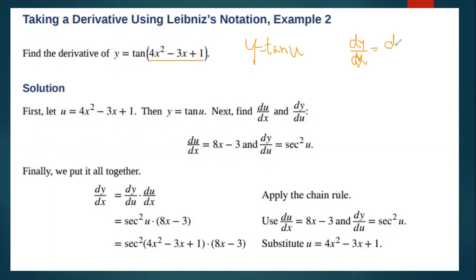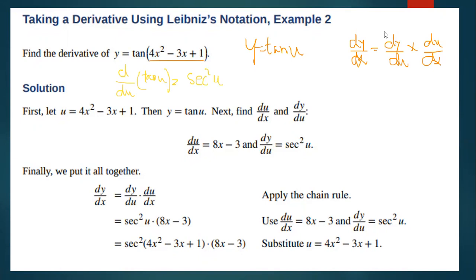It will be equals to dy upon du multiplied by du upon dx. So what is dy upon du? अब मैंने differentiate करना है अपनी y की value. So first I have to differentiate y, so it will be d upon du. What is the value of y? Y equals to tan u. So tan of u, as the derivative of tan equals to secant square, so it will be secant square u.